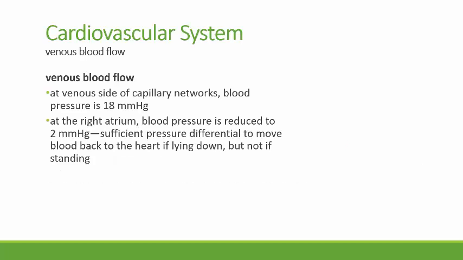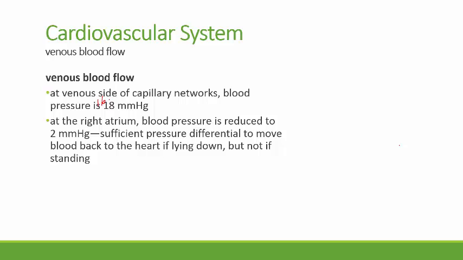As we said, venous blood pressure is very low on the venous side of those capillary networks, 16 to 18 millimeters mercury at the capillary network, and by the time we get to the right atrium, as the blood is returning from the systemic circuit, blood pressure is only about 2 millimeters mercury.